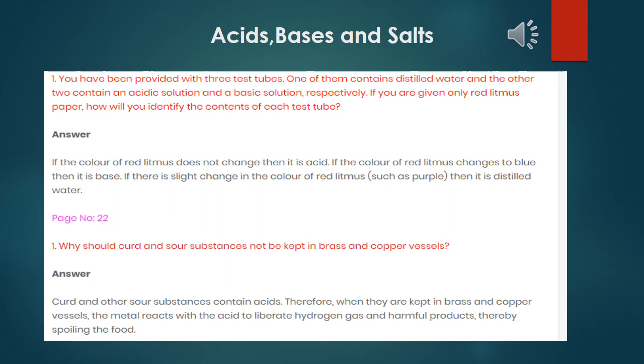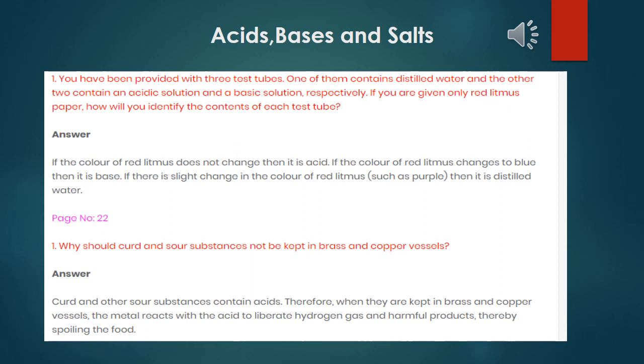Second question: why should curd or sour substances not be kept in brass and copper vessels? The answer is very easy. You know, curd contains acid and copper is a metal. We know that acid and metal react.